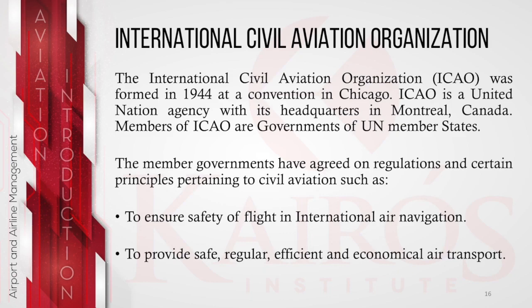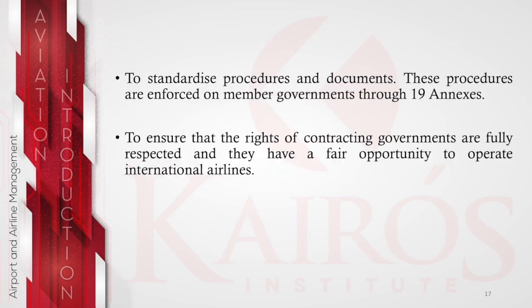The member governments have agreed on regulations and certain principles pertaining to civil aviation, such as to ensure safety of flight in international air navigation, to provide safe, regular, efficient, and economical air transport, and to standardize procedures and documents.